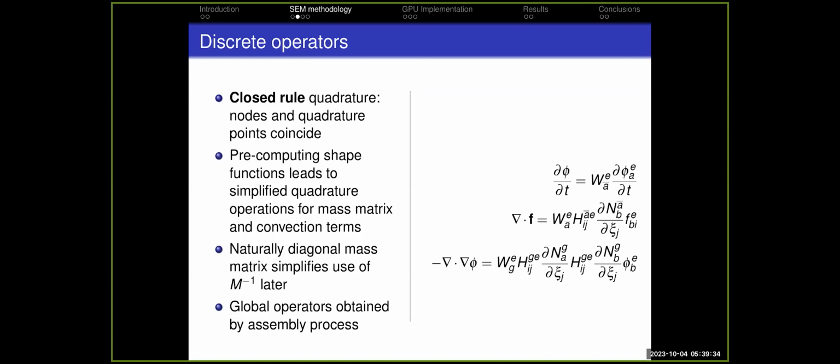In essence, we need to construct a mass matrix related to our partial temporal derivative. We have to construct residuals for the divergence of the flux and for the Laplacian terms as well, or the convection diffusion terms. Now, those are based on standard finite element operations. There is no magic here whatsoever.